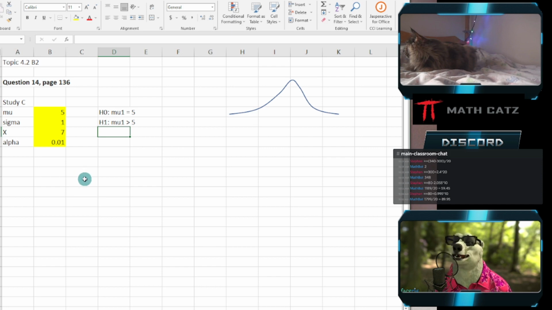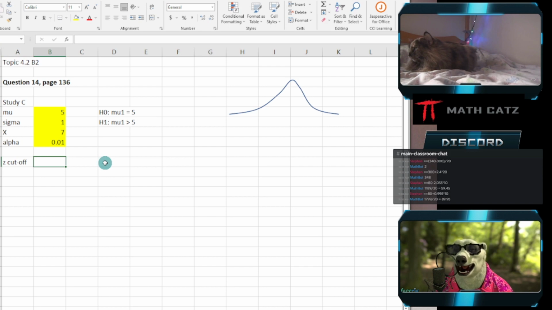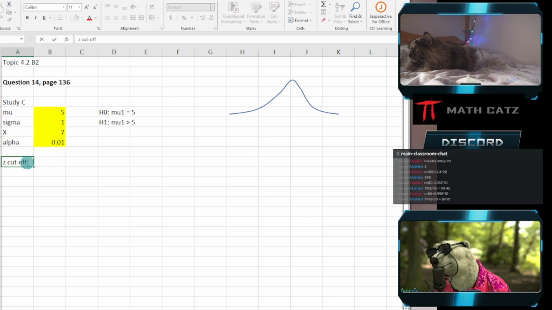Now we're not working through writing down all the steps of the hypothesis testing procedure. We're going to get to that a lot. Right now it's just the logic and the thinking behind it. So first I want my Z cutoff. And what does that mean? Actually, let me do the observed one first, because we have the information right here.